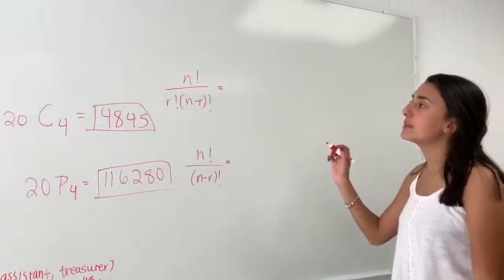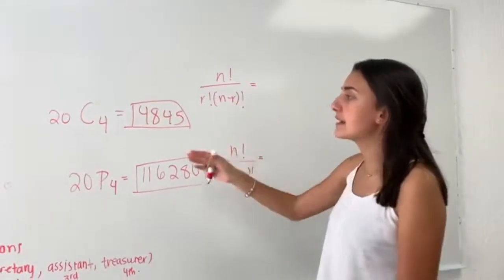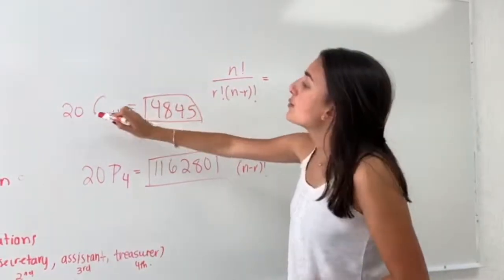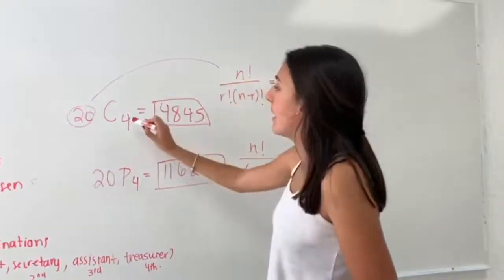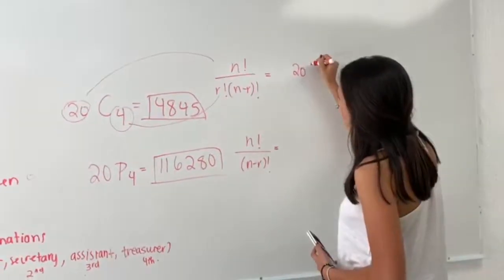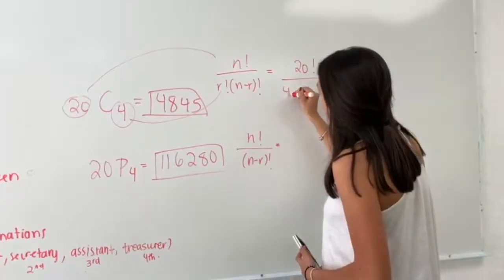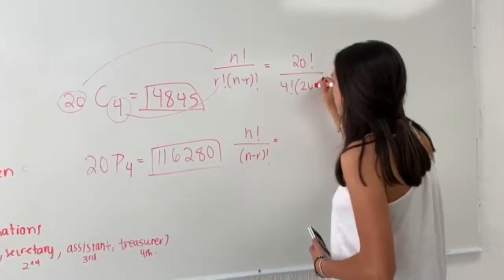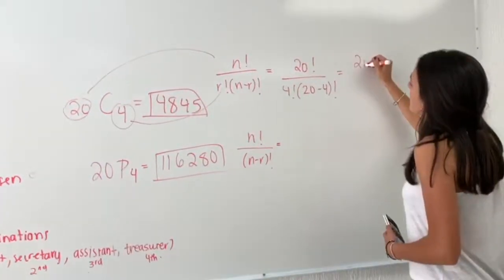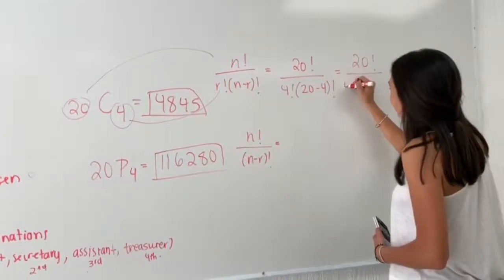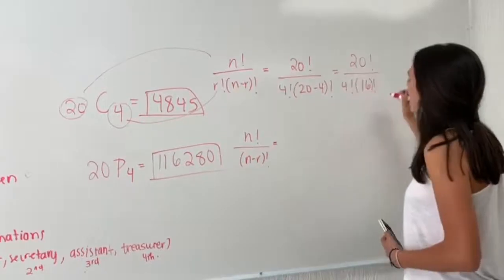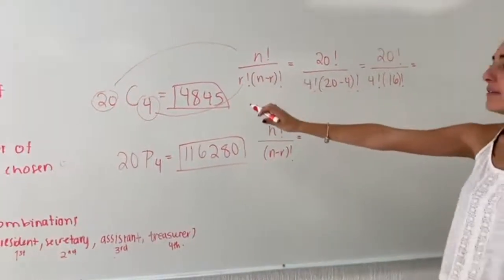If we were to solve this problem substituting the formula instead of putting it in the calculator, we would have to use 20 as N and 4 as R. So when we substitute it, it would give us 20 factorial over 4 factorial times 20 minus 4 factorial, which is equal to, and then when we plot it in the calculator, it would give us the same answer.